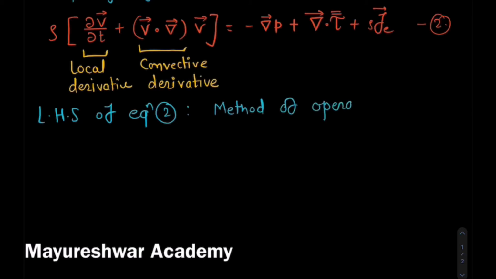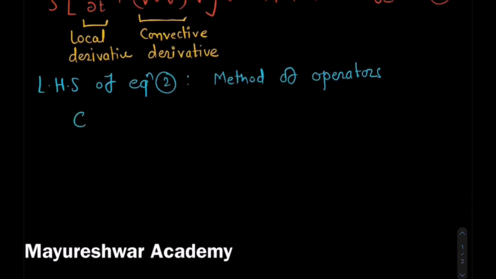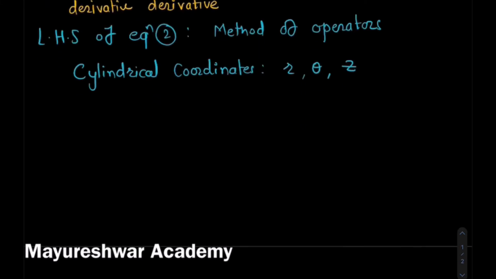we are going to model by the method of operators. So we are going to use the definitions of del operators, the vector and tensor operators, in the cylindrical coordinate system. So in general cylindrical coordinates, we are going to use r, theta, and z.